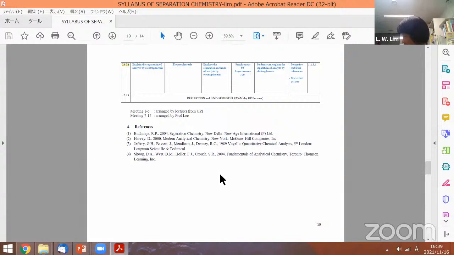When I teach analytical chemistry, not only separation, I don't use only one textbook. I buy 10 textbooks from different professors, from different publishers.